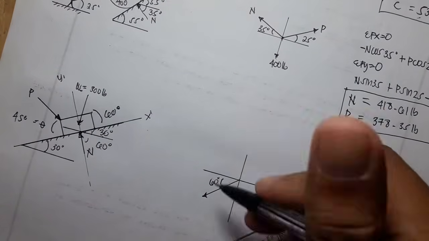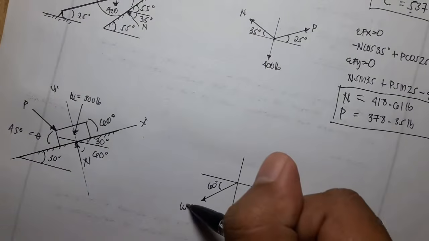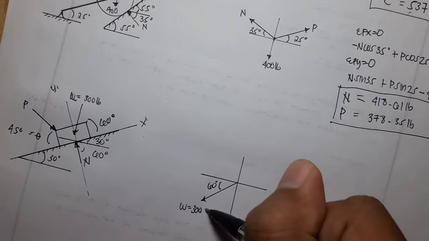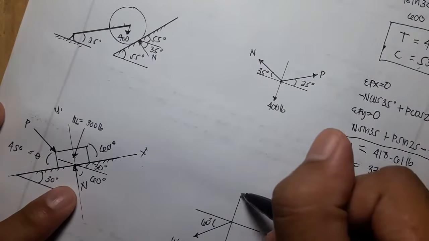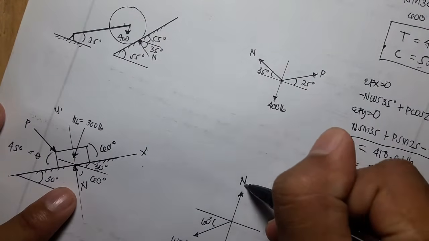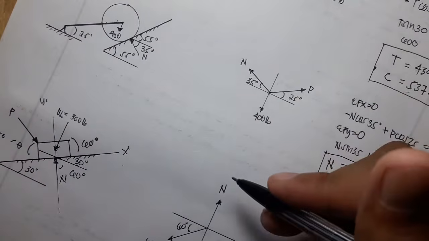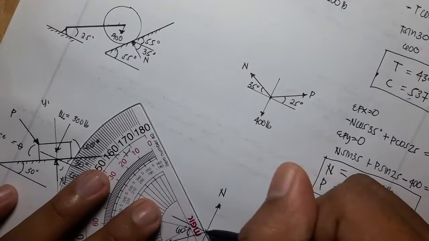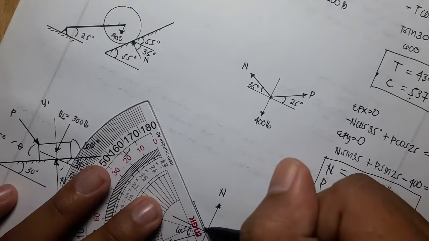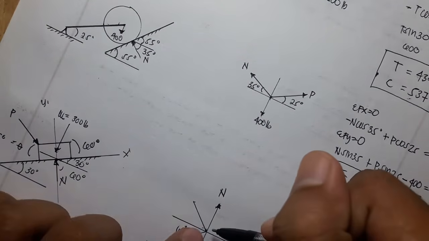This is the 300 weight. Then the normal force, we can put it here. Then the P is here, 45 degrees, or you can put it down.